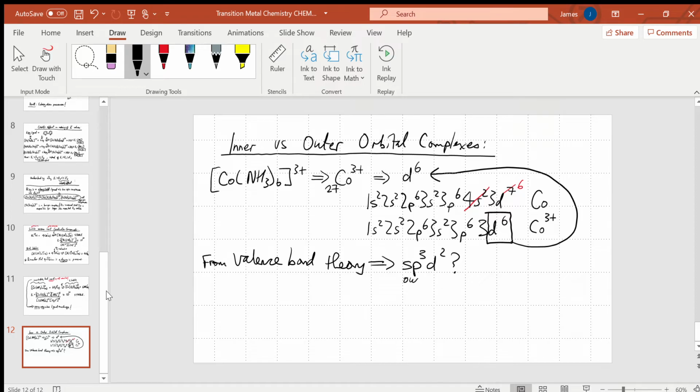This would be an outer orbital complex. But what we're going to consider now is we can have d2sp3, which is what we mean by inner orbital complex. So essentially, if the d is on the left, it's inner. If the d is on the right, it's outer. So which is it going to be?